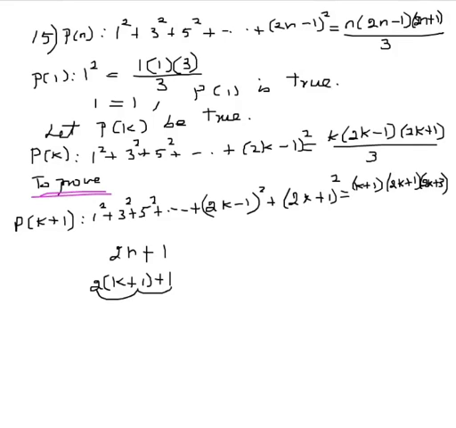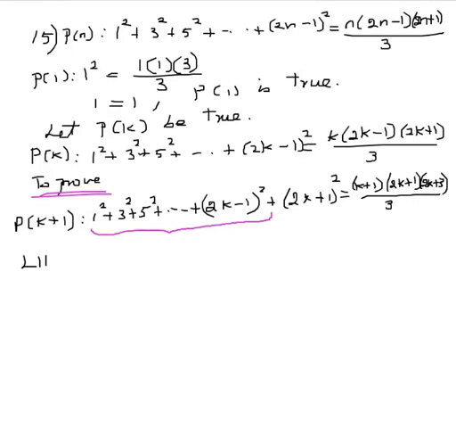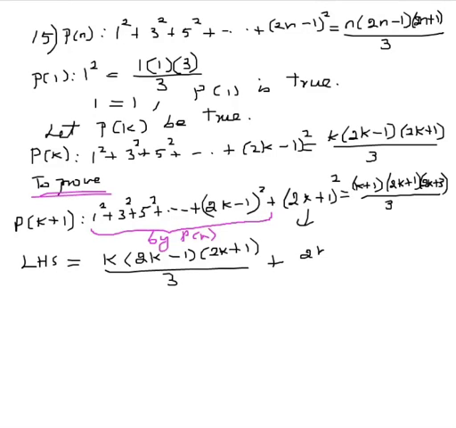This is 2 plus 1 makes it 3, divided by 3. This is the result to be proved. Again, the sum of first k terms we know. By P of k, sum of the first k terms is k into (2k minus 1) into (2k plus 1) divided by 3. And this k plus 1th term should be added to it.